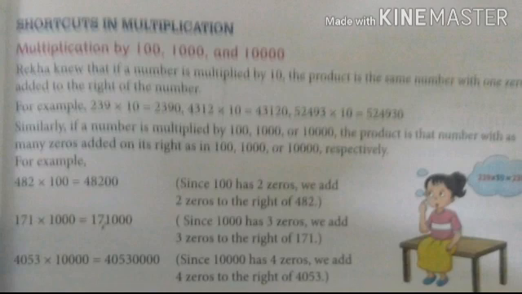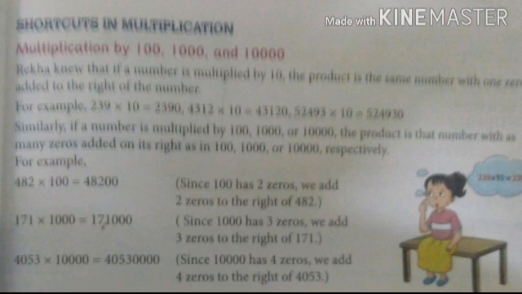Next, shortcut in multiplication. Multiplication by hundred, thousands and so on. If any number is given to multiply with 100, write the same number and add two zeros. 482 into 100 is equal to 48200. 171 into 1000 is equal to 171000. 4053 into 10,000 is equal to 40530000.